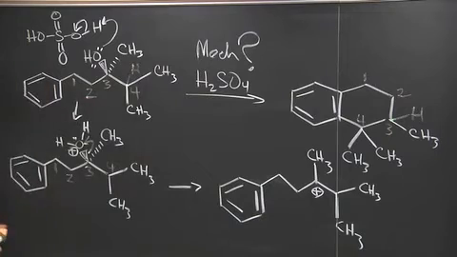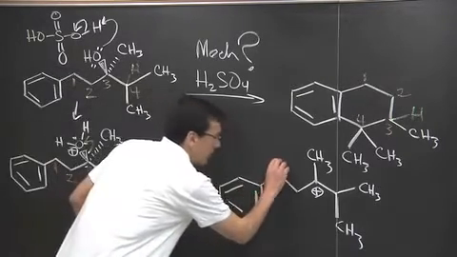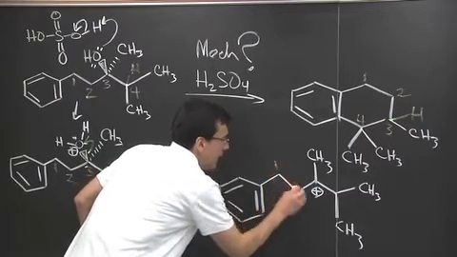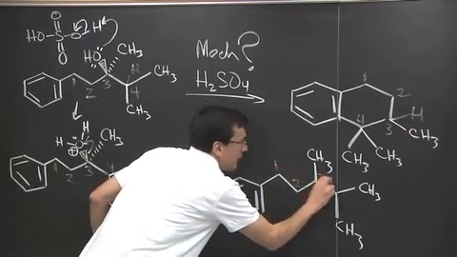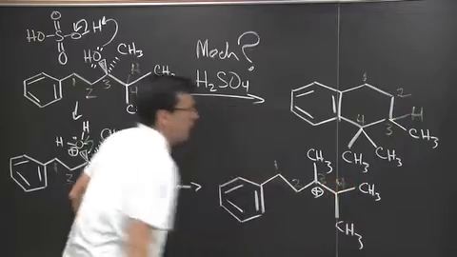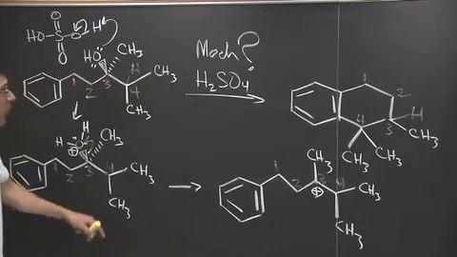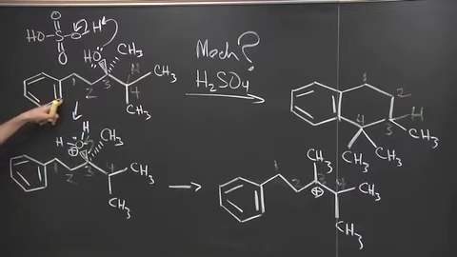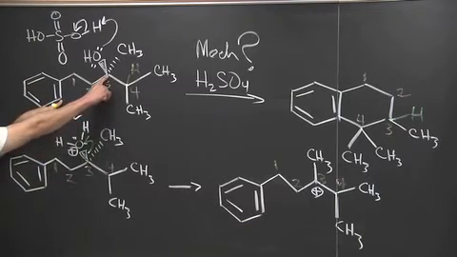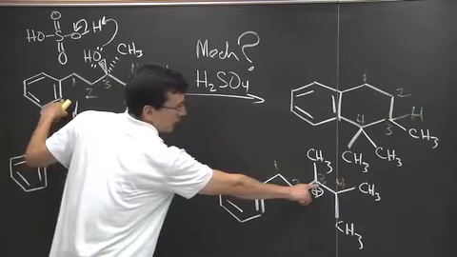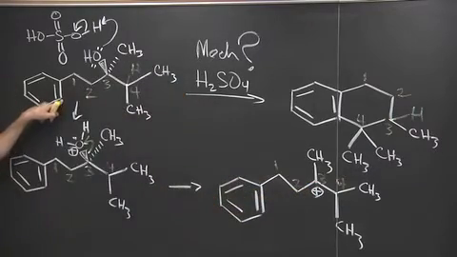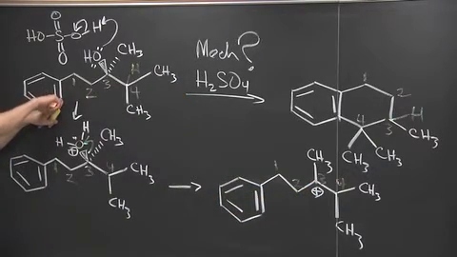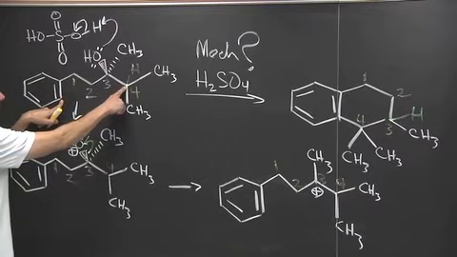And now we start to get to the point where maybe we can think about making a carbon-carbon bond via a Friedel-Crafts type of process. The problem is that we don't want to make a new bond between this carbon right here and carbon 3, which is where the positive charge is at this point. What we really need is a new bond between this carbon of the benzene ring and carbon 4.